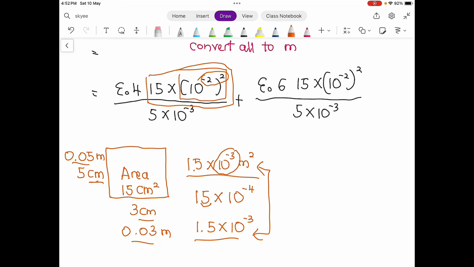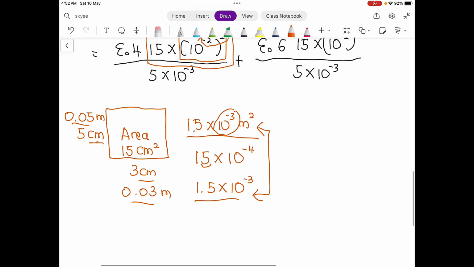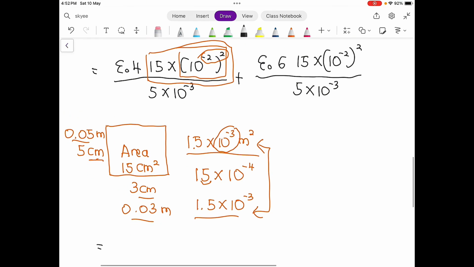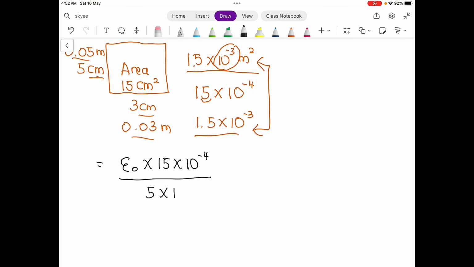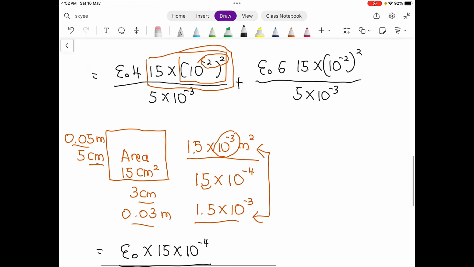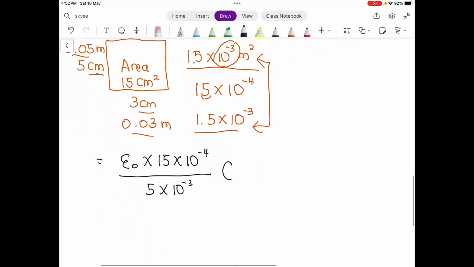Now you have all these values replaced. You can calculate the answer, and if you see this, you actually could factor it. So you have epsilon naught, and then you have 15 times 10 power negative 4, and you have 5 millimeter times 10 power negative 3, and you have this 4 plus 6, which is 10. So you can factor it first before you do the calculations.